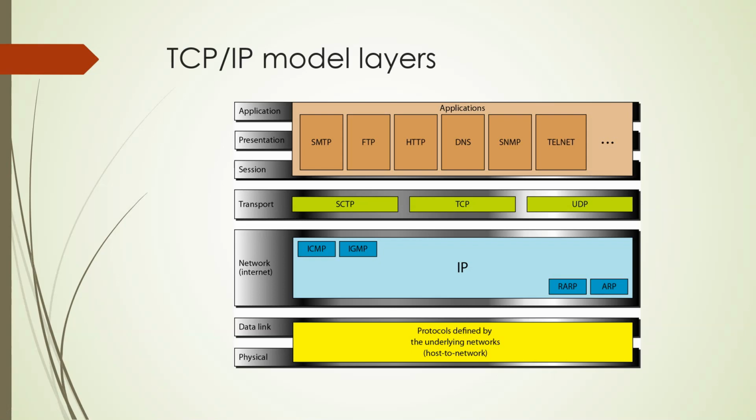Which means TCP is more secure because the connection is maintained during the data transmission time, but UDP is less secure because the connection is not maintained during the data passing time. So these are certain protocols that we will use in the transport layer in the case of TCP/IP.